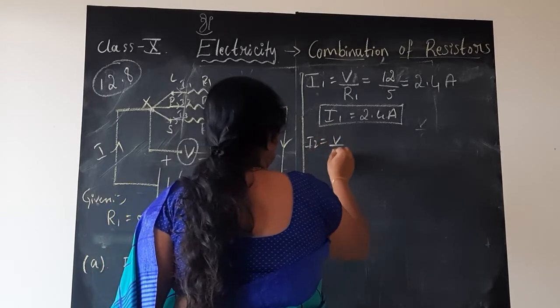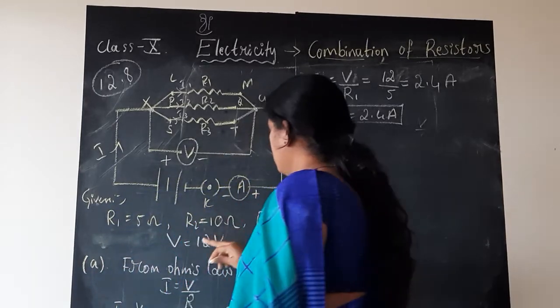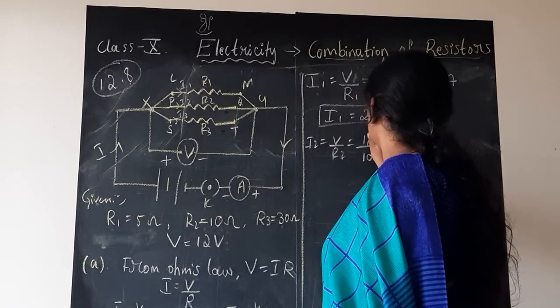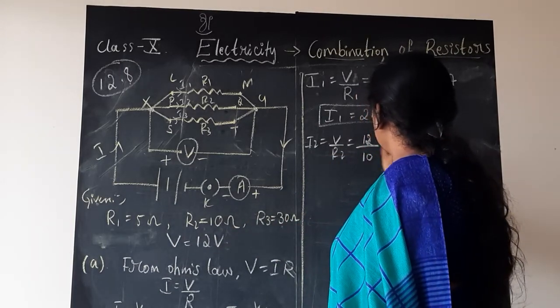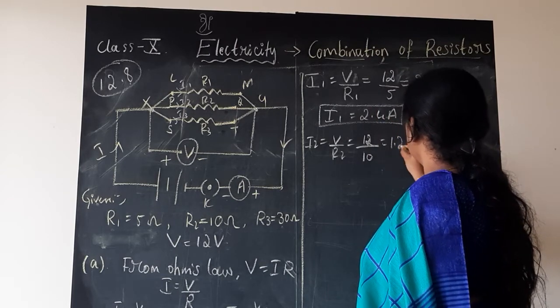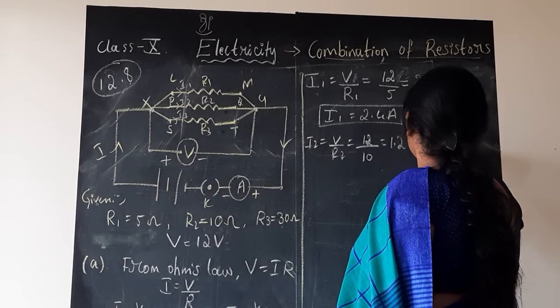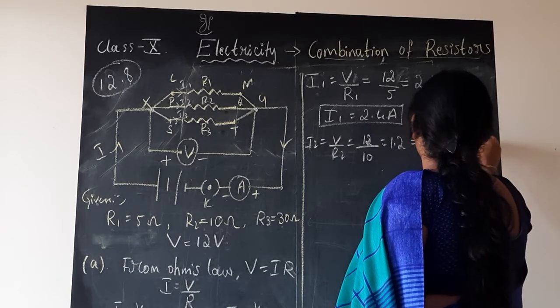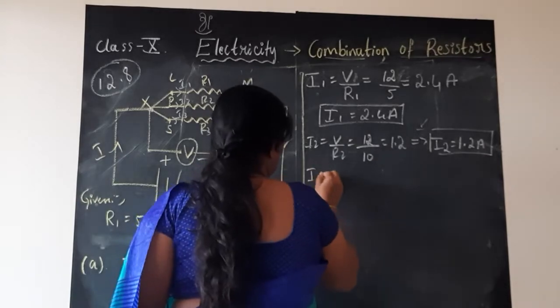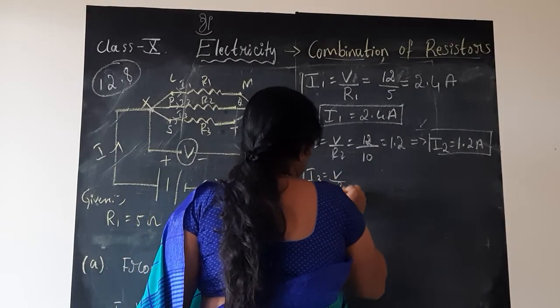Similarly, I2 is V divided by R2. V is again 12, divided by 10. 10 1s are 10, 2 remaining, 0, 10 2s are 20. This implies I2 is 1.2 amperes. I3 is V divided by R3.